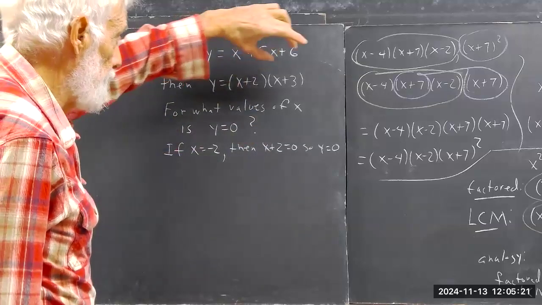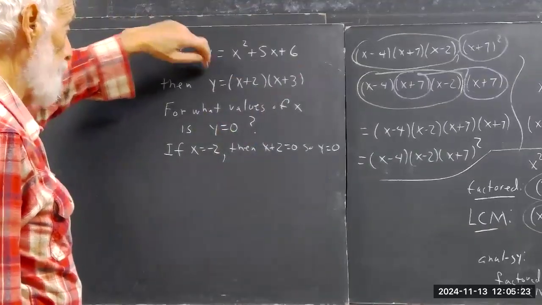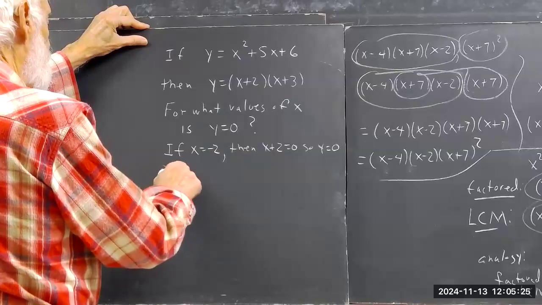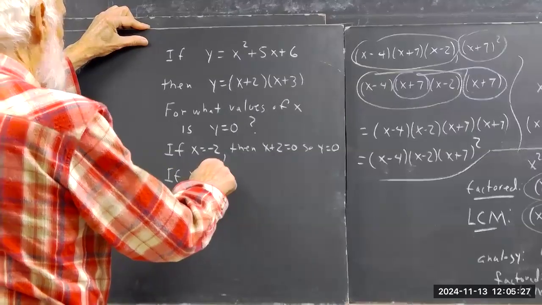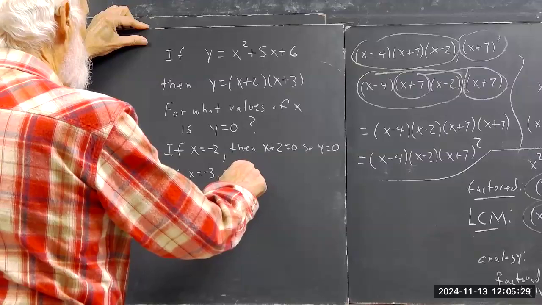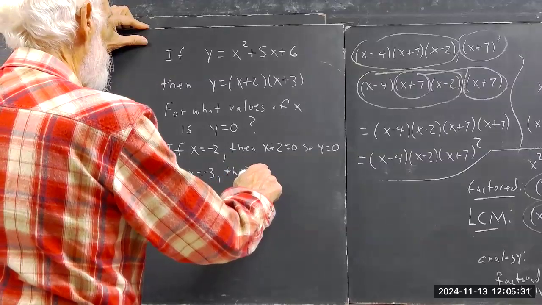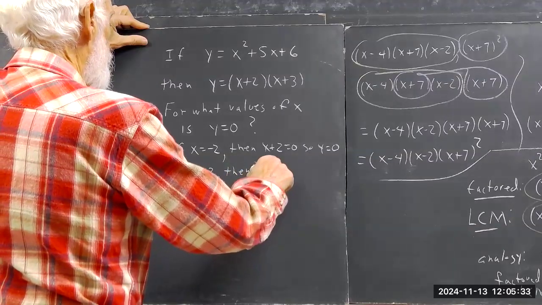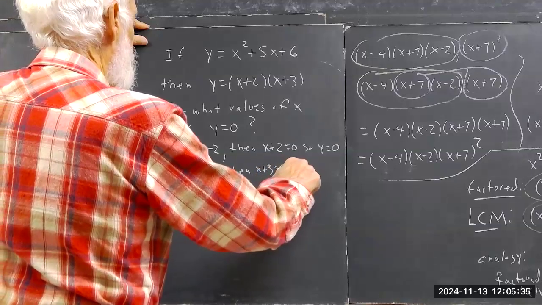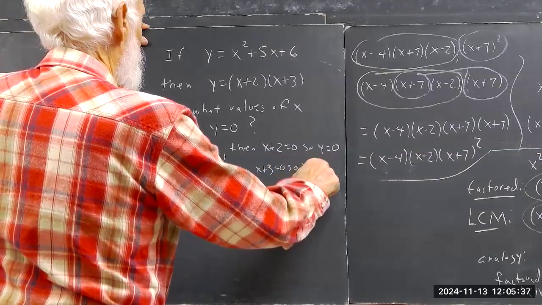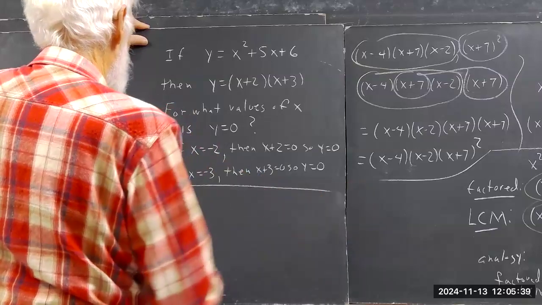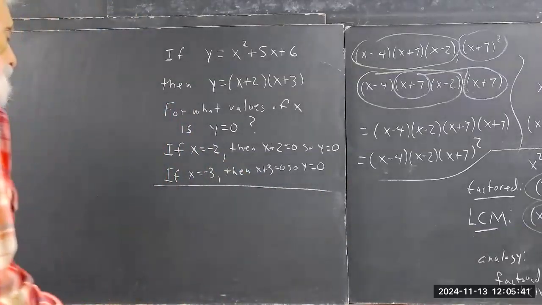And if this is 0, since it's multiplied by this, y is 0. Well, this tells us two things.